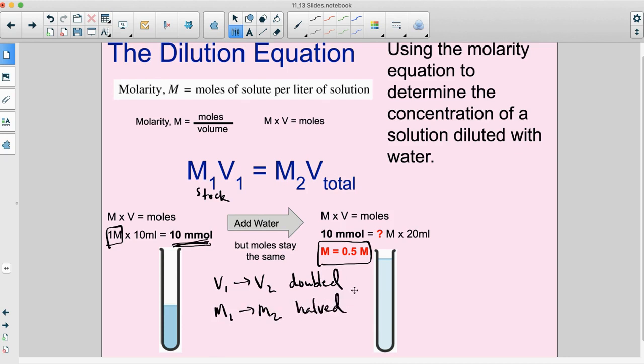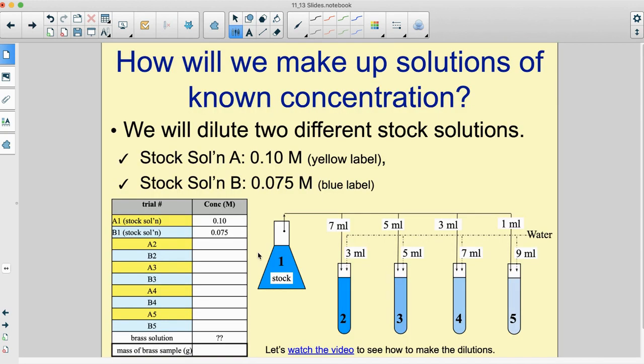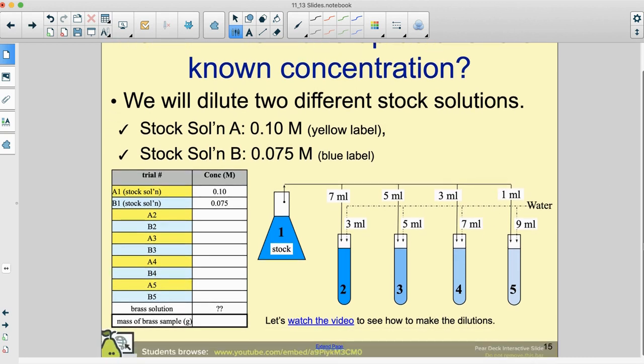These are inverse relationships, so this went up by 2, and so then the molarity went down by 2. It's half of what it was. And then we can use that dilution equation to figure out the molarity of these different diluted solutions by using the molarity equation.